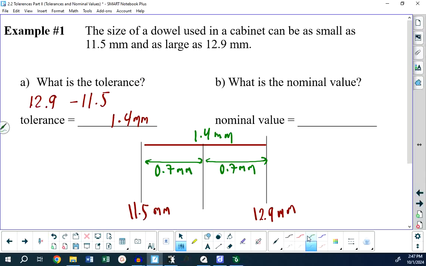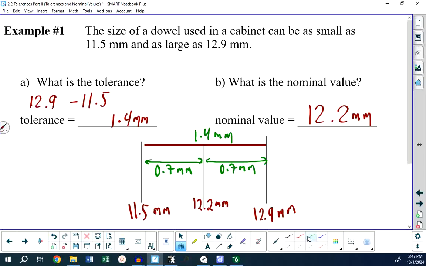Zedric, what do we get when we add 0.7 to 11.5? 12.2. So if we've done things right, this is 12.2 millimeters. But we can do the check that Addison was talking about: take that 12.2 and add 0.7.